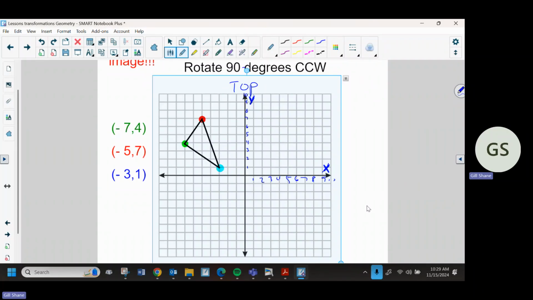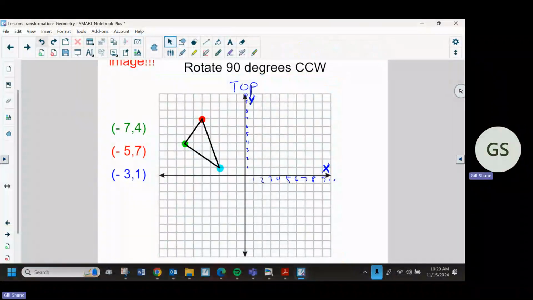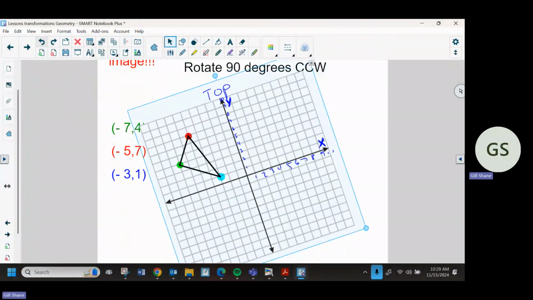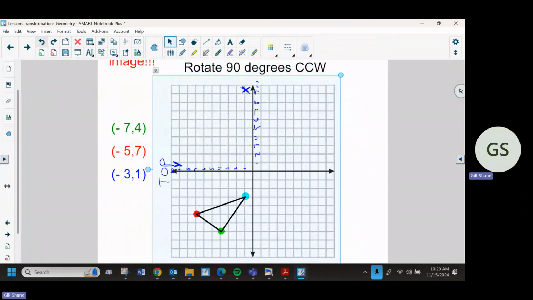I'm going to turn my paper. I'm going to twist it, turn it, whatever you want to call it. One turn left. So the top is now the left, because that's the direction I'm going, right? I just turned it once counterclockwise.